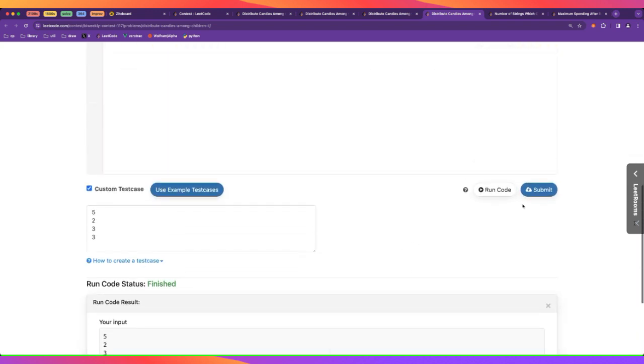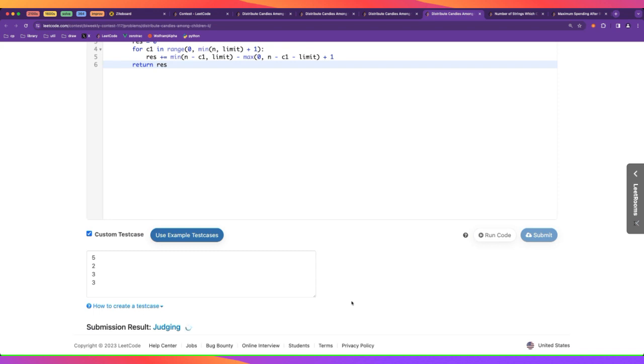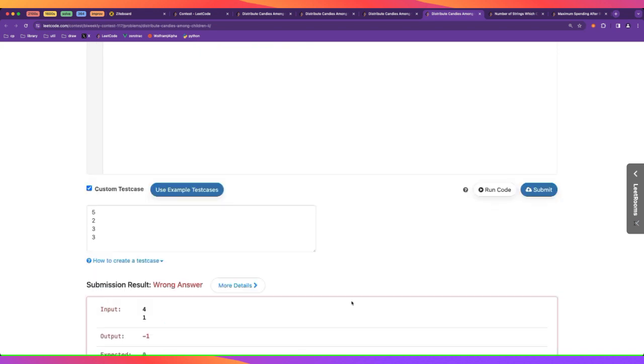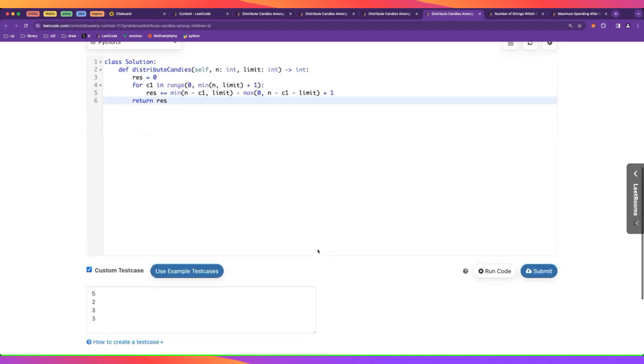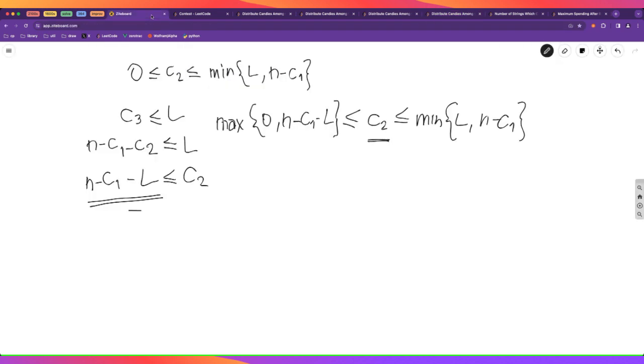So we get the right answer for the examples, but we got a wrong answer. Did I copy this correctly?